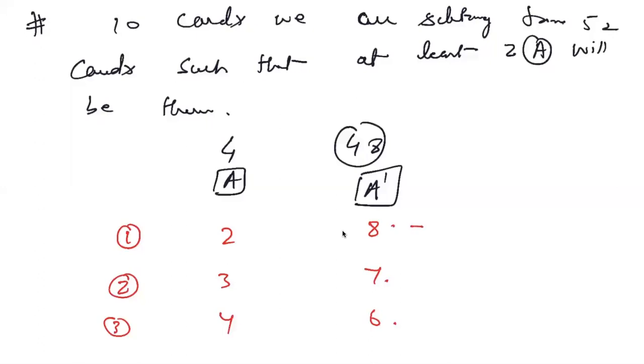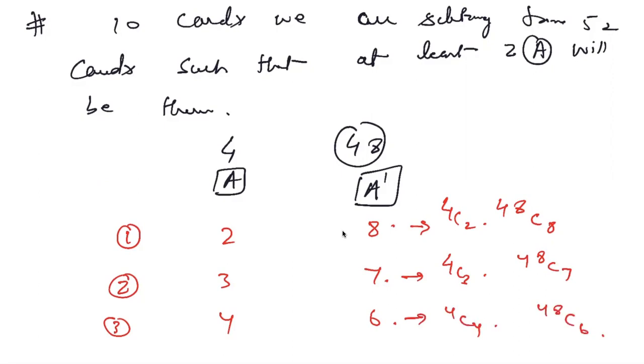So out of 4, we select 2: 4C2 times 48C8, plus the second case 4C3 times 48C7, third case 4C4 times 48C6, right? This add and add.